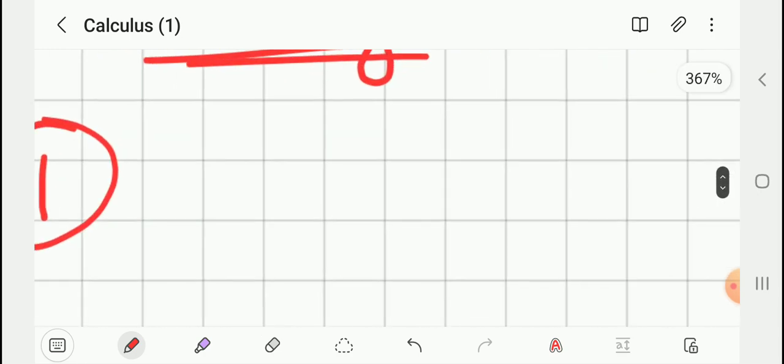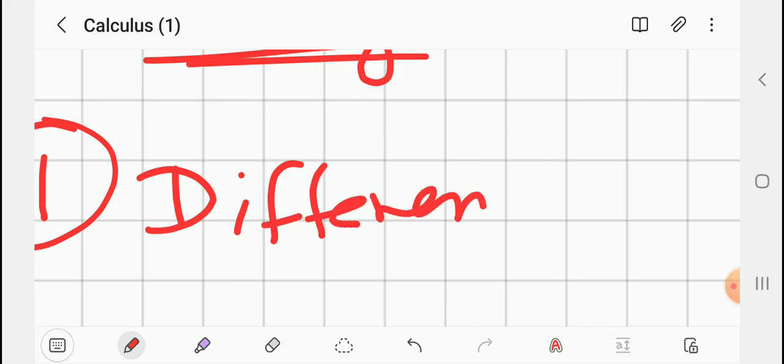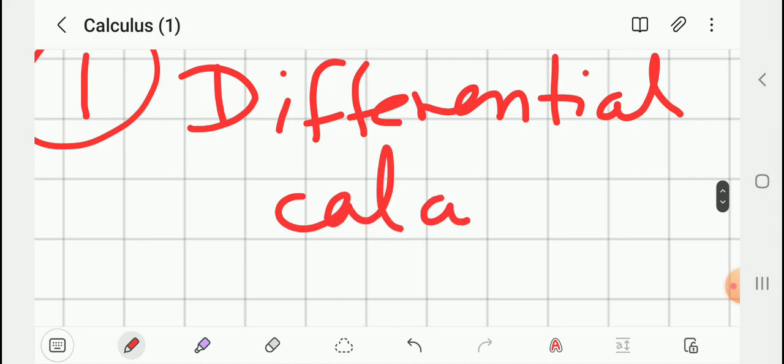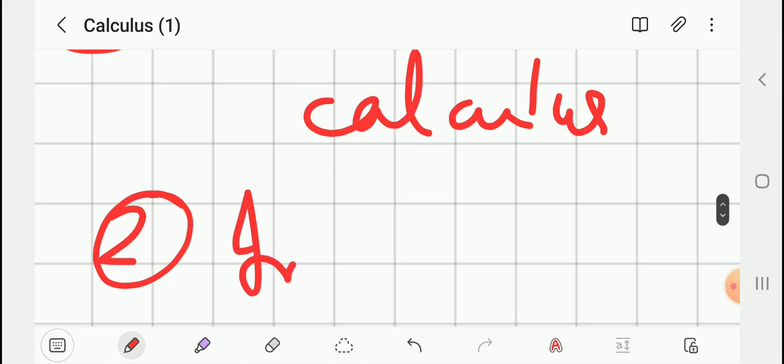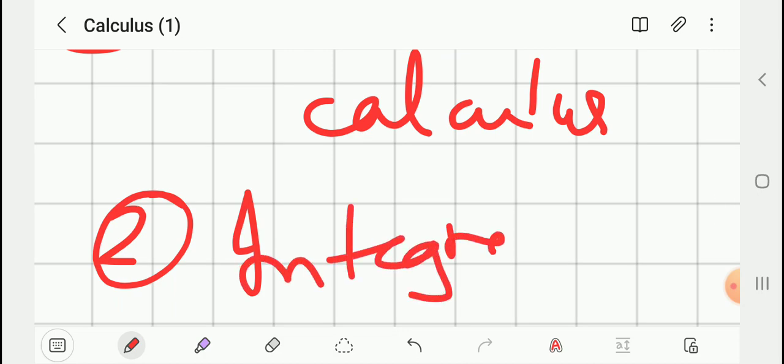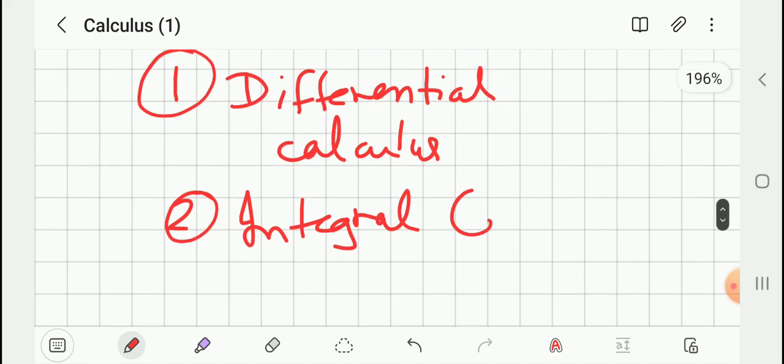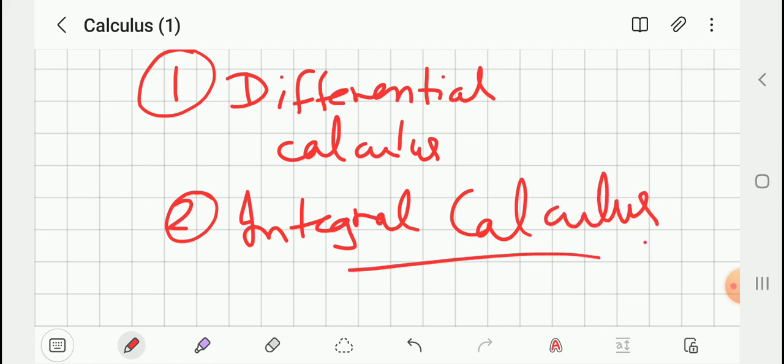The first one is differential calculus, and the second one is integral calculus. They are used mainly in graphs and to solve numericals.